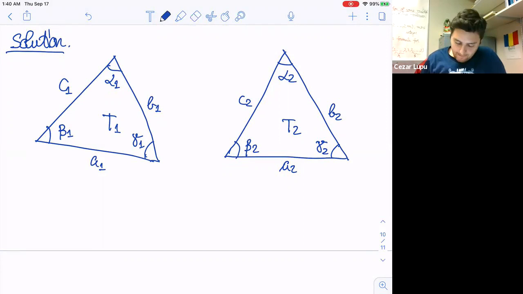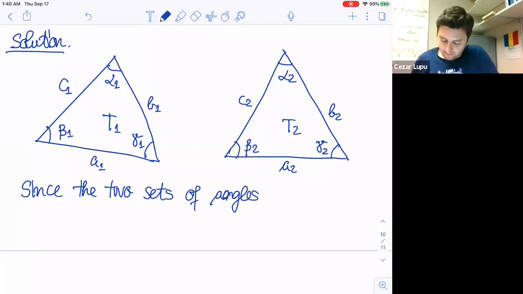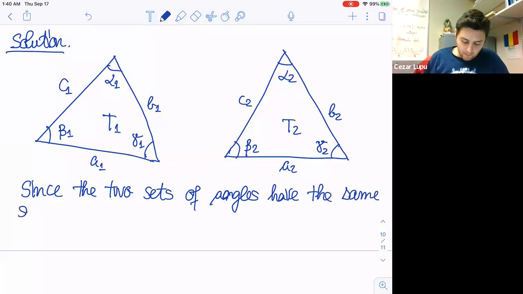Since the two sets of angles have the same sum, right?